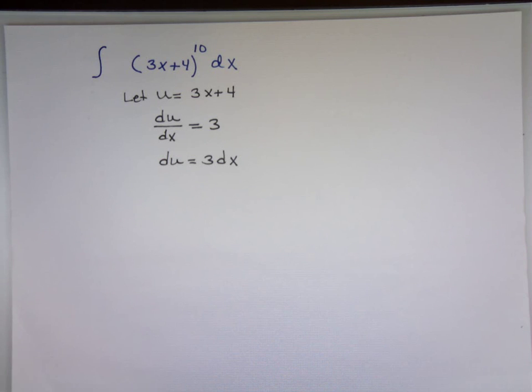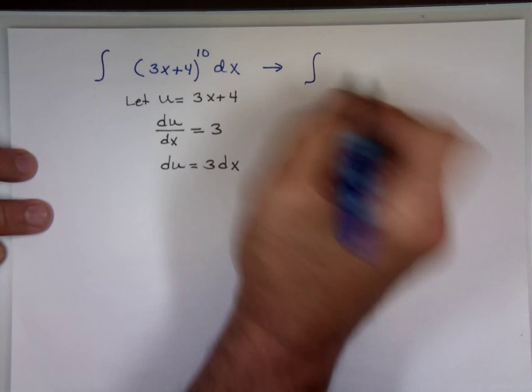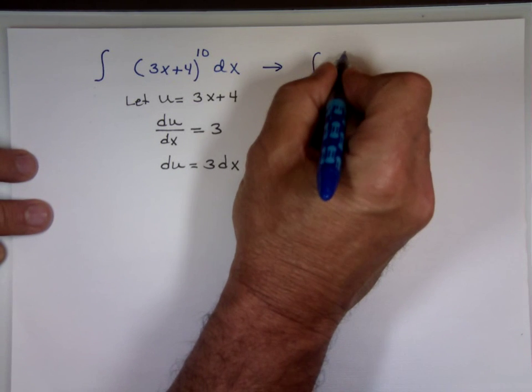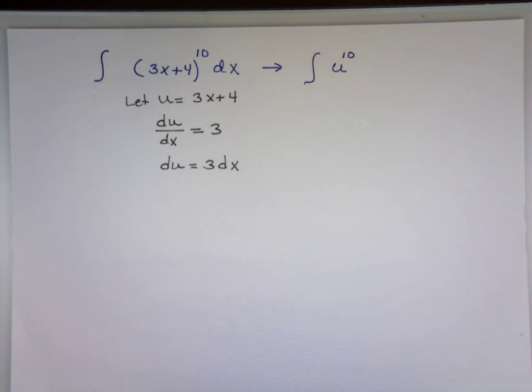So when I go back to that problem and try to plug it in, I can write the integral of u to the 10. But I don't have a 3 here. I only have dx. This one has 3 dx.